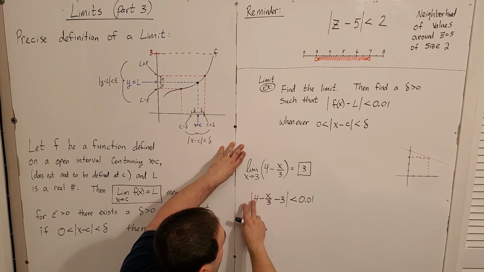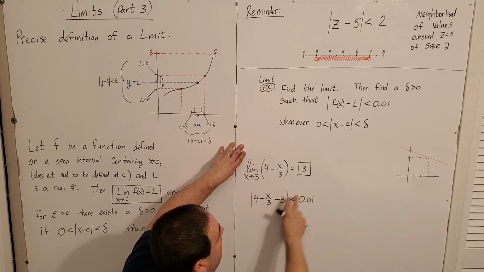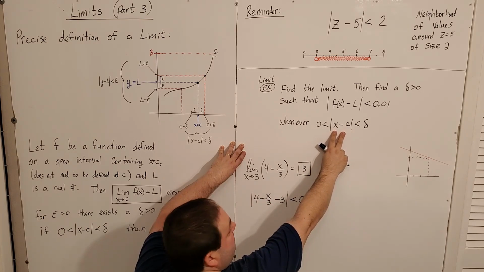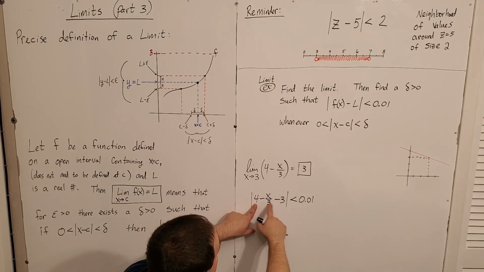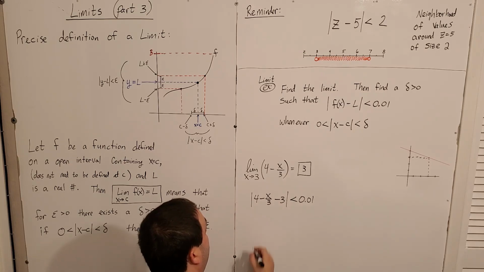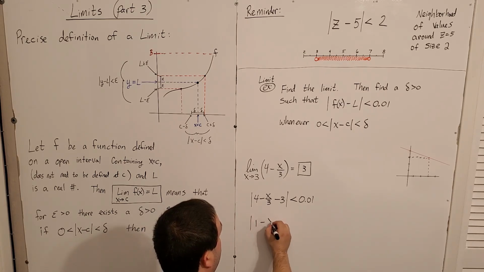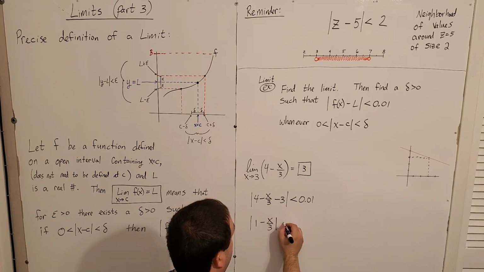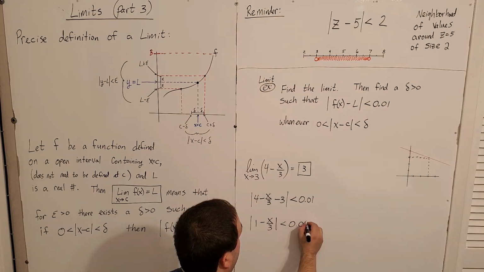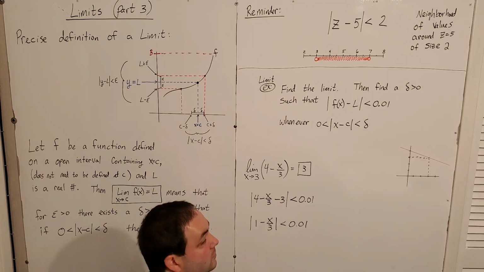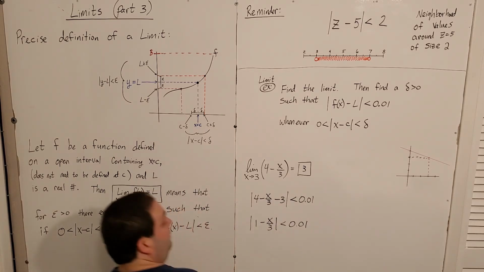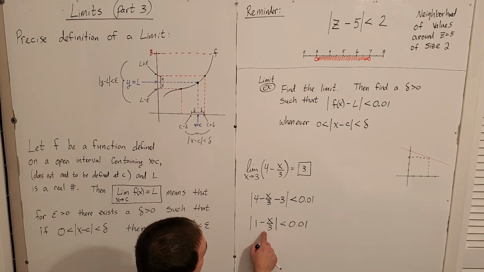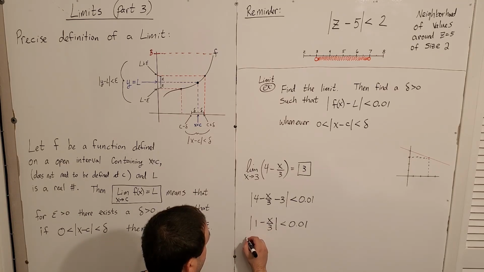So what I'm going to do is try to manipulate this into looking like this. So from here, the first thing I can see to do is combine the 4 minus 3, right? So I get 1 minus this is less than this, right? Okay. Now what I'm going to do is factor out a negative 1/3, like this.